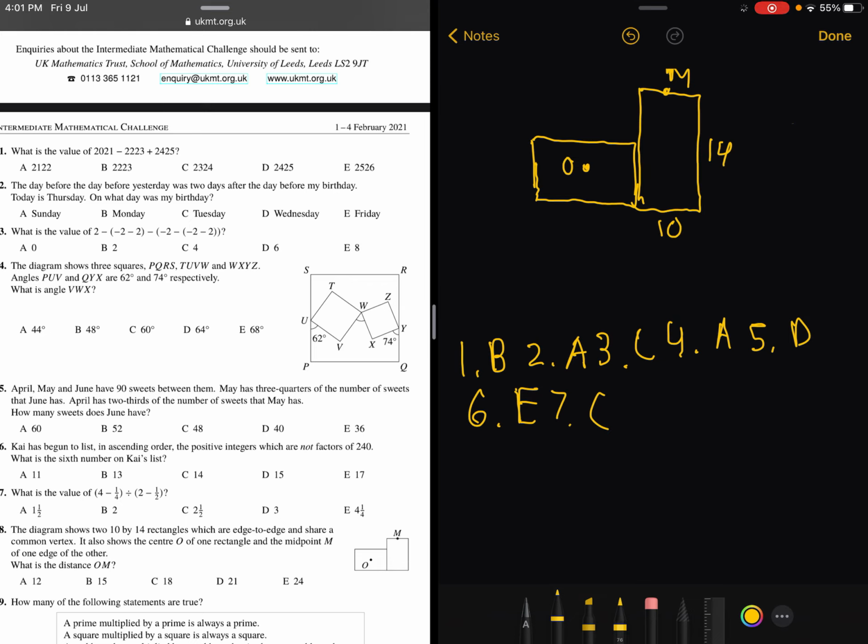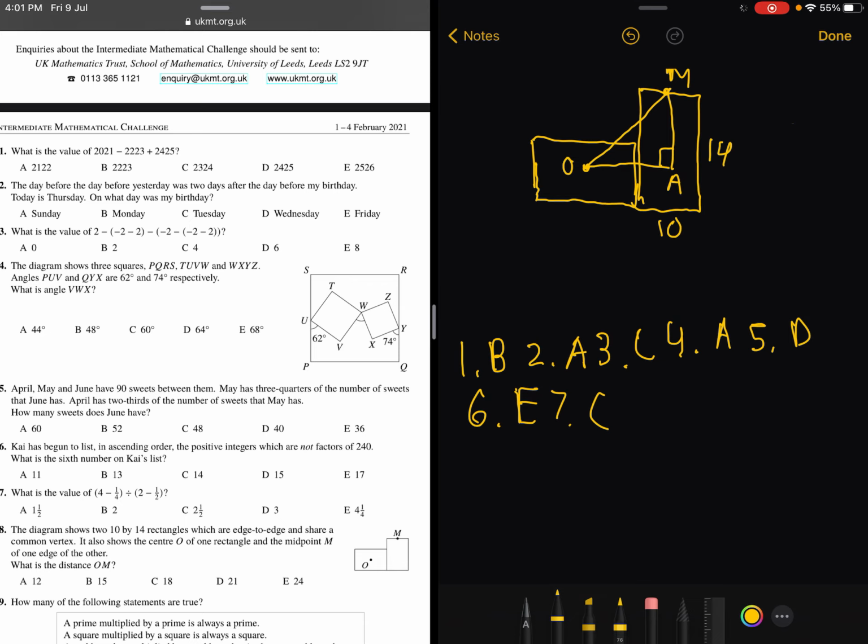So what we already know is we can create this triangle with this being 90 degrees, and we can find the length MO, or OM. Doesn't really matter. First let's find the length. Let's say this point is A. We first need to find the length OA.